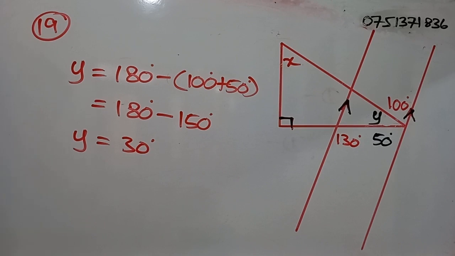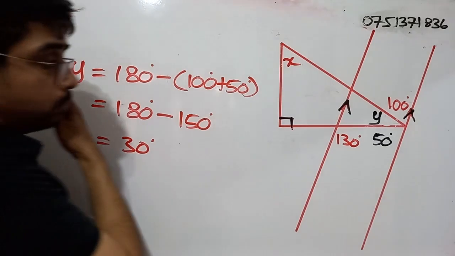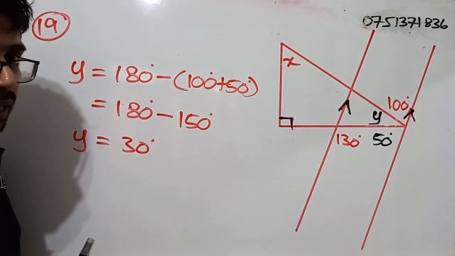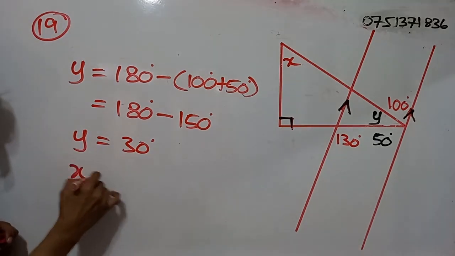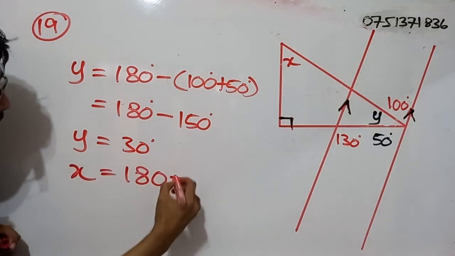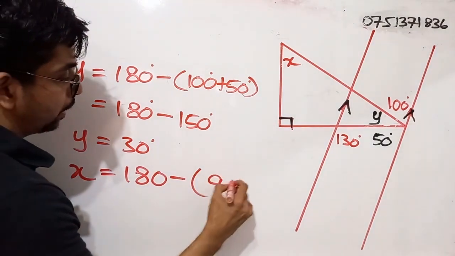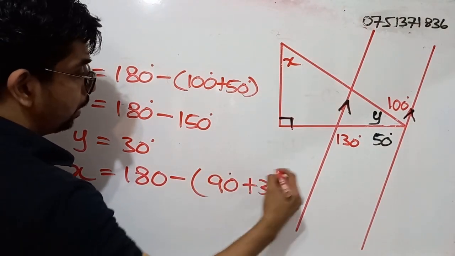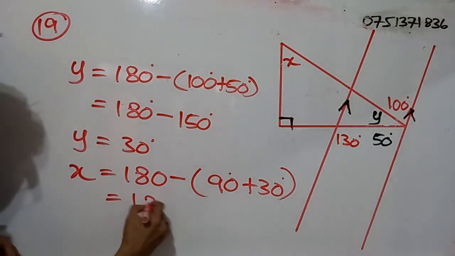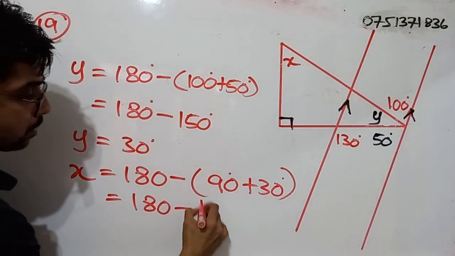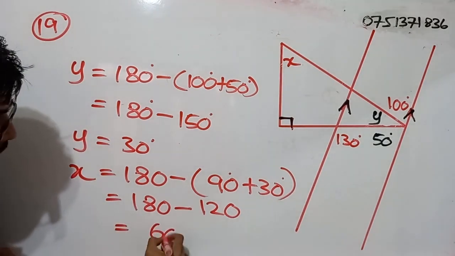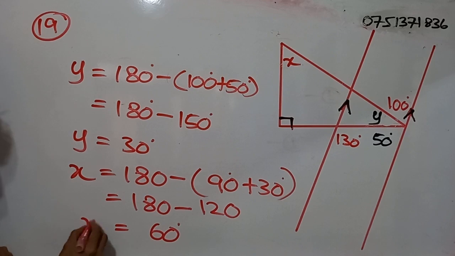We have to calculate x. Now, simply what do we have to do? Consider the triangle and calculate the value of x. So x is equal to what? 180 minus 90 plus 30, no? Right? So that means 180 minus 120. So that is what? 60 degrees. So the value of angle x is what? 60 degrees.